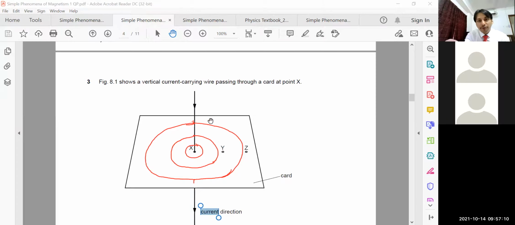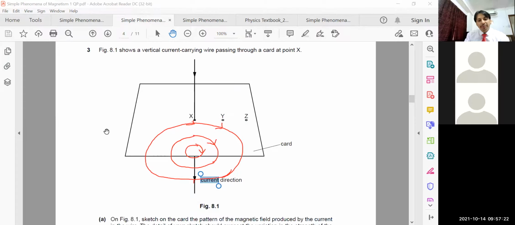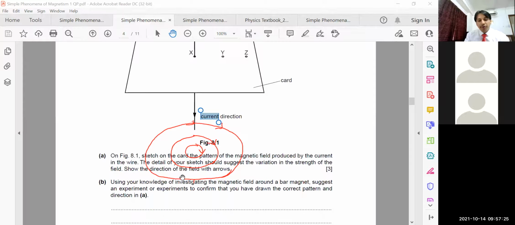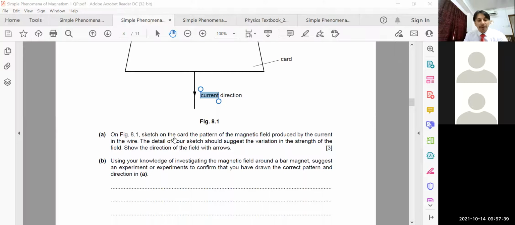So if you have drawn 3 circles, you need to put at least one arrow in the clockwise direction on each of the 3 circles. So this is our question number 3, A part. We are done with showing the direction of the magnetic field with arrows. The details of your sketch should suggest the variation in the strength, so you have to show the spacings different, and then you will get 3 marks for these 3 points.